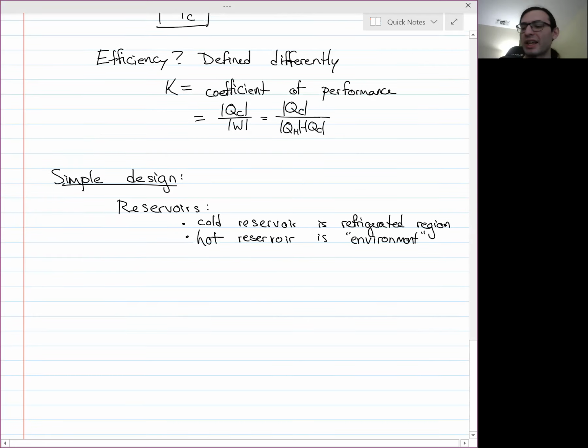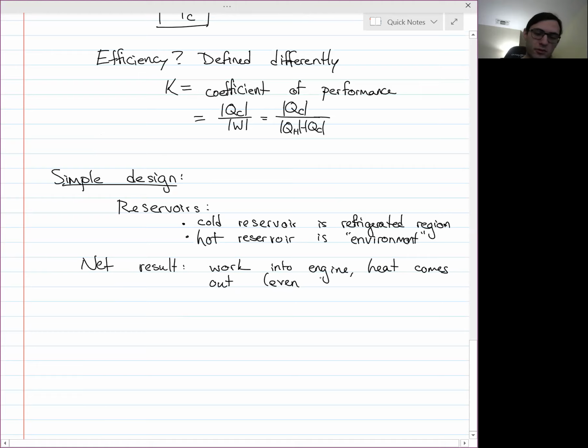And so the net result from this diagram that I'm about to show you is you put work into the engine, and then heat comes out. That's the net result, meaning that there's some net work that is entering the engine and some net heat that's coming out, but maybe you add in 8 joules of work, but then 2 joules of work come out in addition.